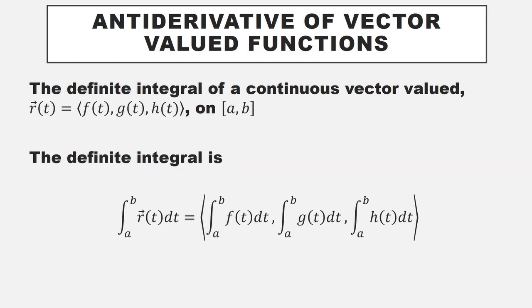Then the definite integral from a to b of our vector valued function is just going to be the definite integral from a to b of the x component, the definite integral of the y component, definite integral of the z component. So we can just integrate the x component, integrate the y component, integrate the z component separately, evaluate those from a to b.